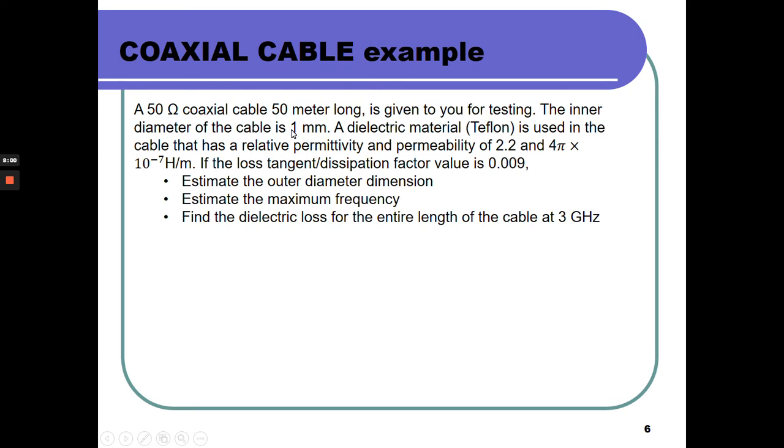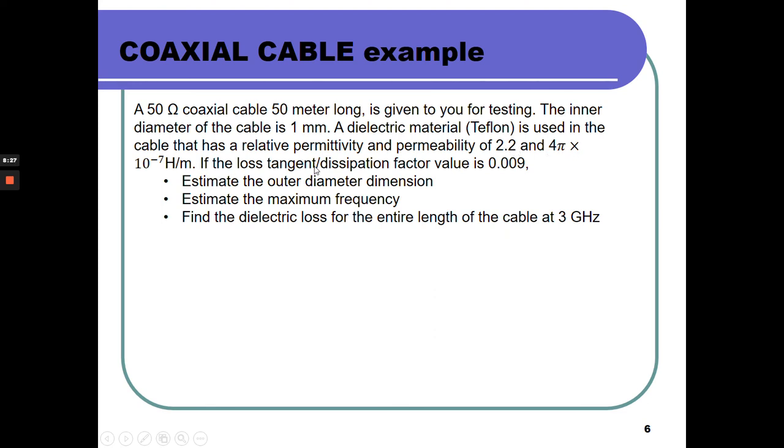A dielectric material Teflon is used in the cable, that has a relative permittivity and permeability of 2.2 and 4 pi times 10 to the power minus 7 respectively. So the permittivity and permeability are given.